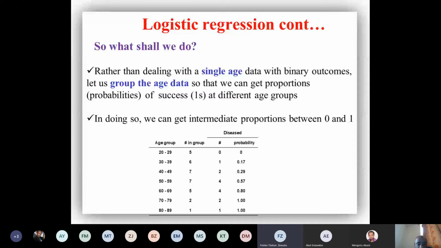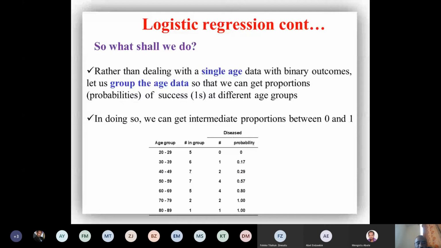We have age groups from 20 to 29, 30 to 39, and so on, up to 80 to 89. Among the youngest age group, from 20 to 29, we have 5 study participants, and of these 5 participants, no one is positive for CHD.